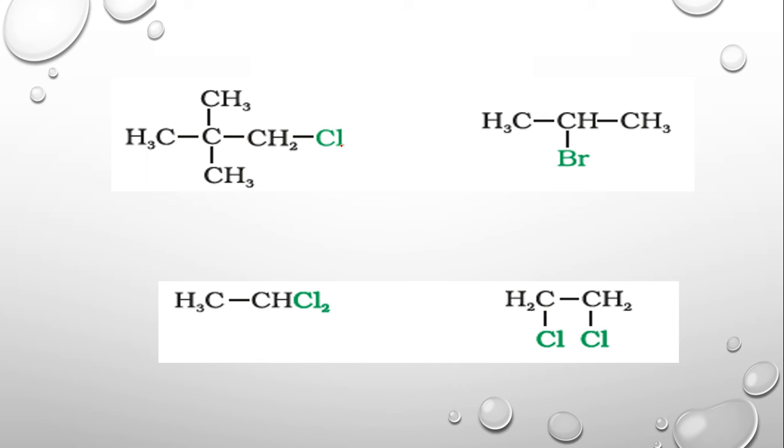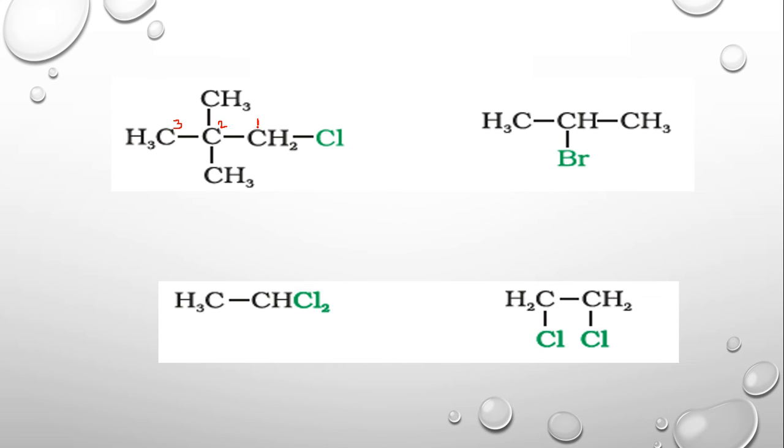You're going to start the numbering, give the lowest number to the halogen atom in this case. Okay, so halogen, carbon number 1, you have carbon number 2 and carbon number 3. It was correct even if you had written carbon number 3 to the top or to the bottom carbon atom.